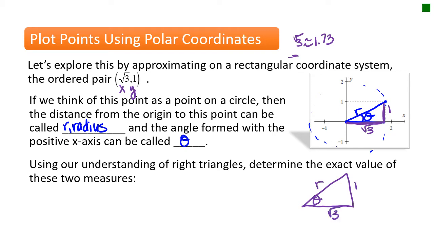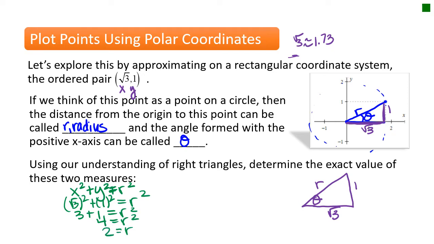Now it's just using the stuff that we've already learned. We know that x squared plus y squared equals r squared. So the square root of 3 squared plus 1 squared equals r squared. So 3 plus 1 equals r squared, 4 equals r squared, r equals 2.